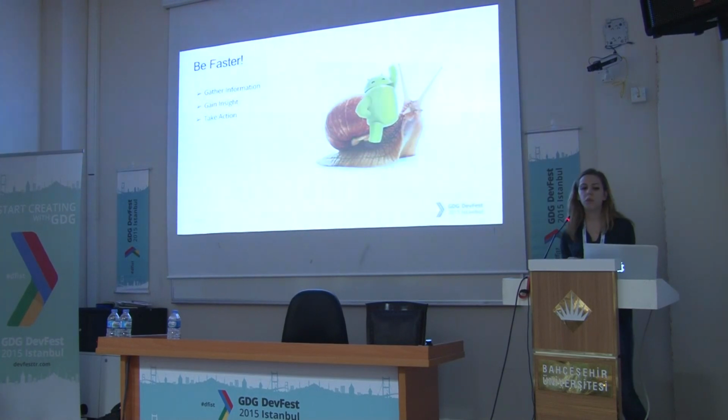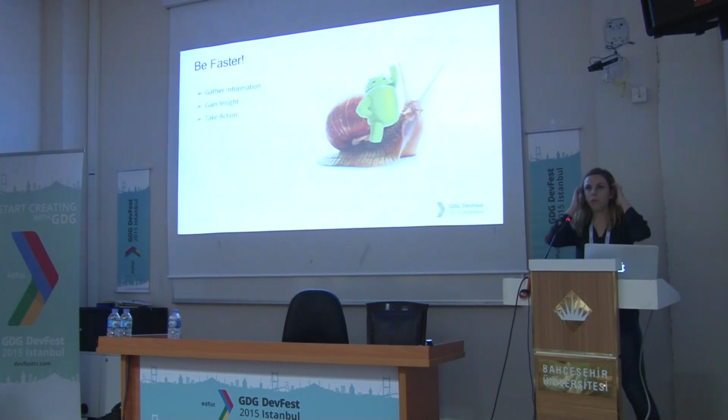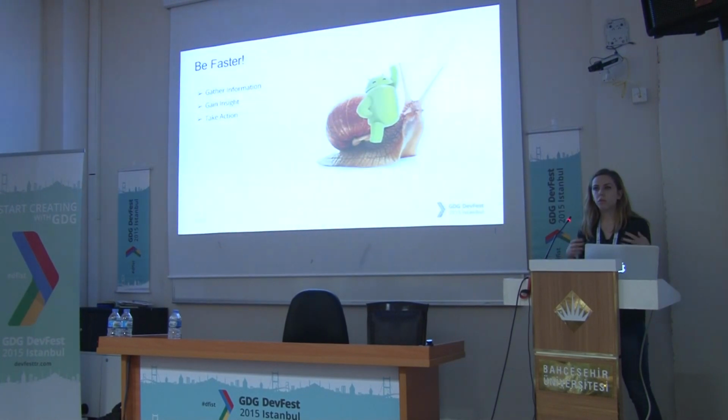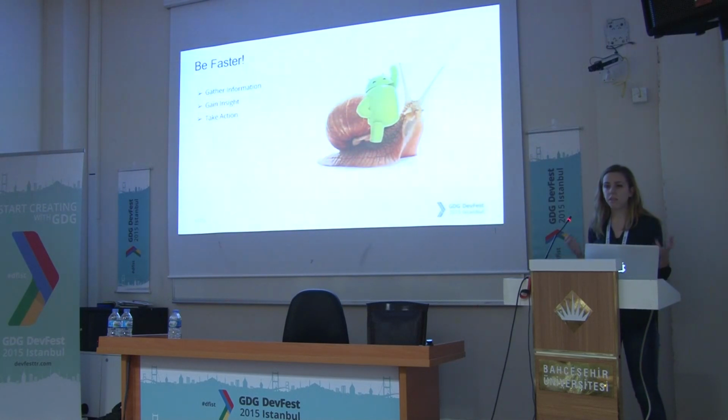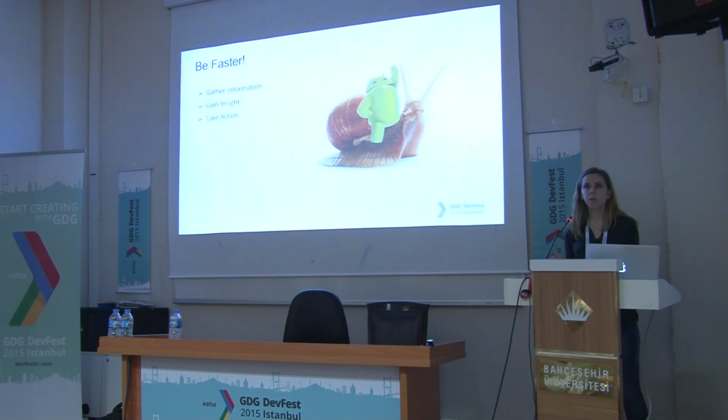Application performance is always a big issue for all of us because someone comes to us and says that your application is too slow. Firstly, we have to use some profiling tools to gather data, then examine this data to gain insight, and finally find the problem and fix it. This is a bothersome process.